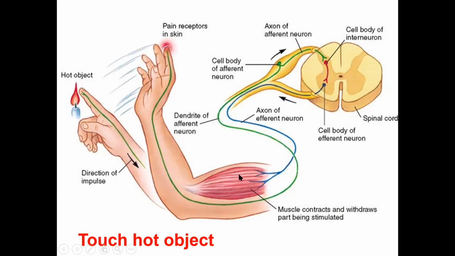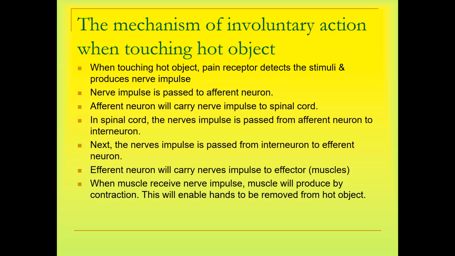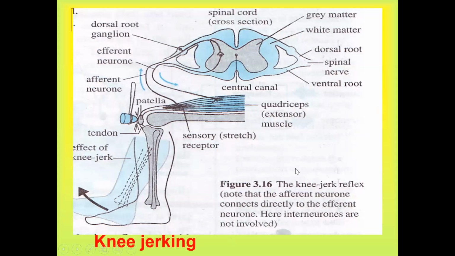When the effector, like a muscle, receives the nerve impulse, it will make the response. So the muscle will contract and withdraw the part being stimulated. When the muscle in the arm contracts and relaxes, this enables the hand to be withdrawn from the hot object.